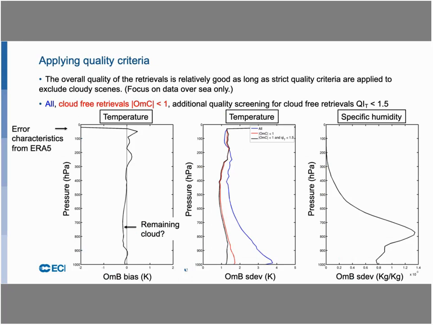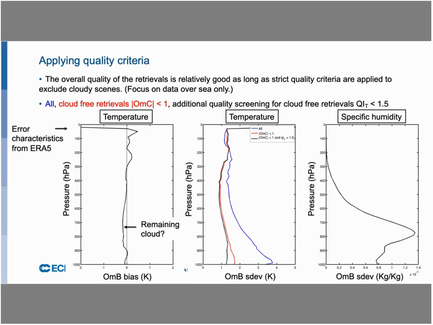And this slide is illustrating how applying the quality criteria affects the statistics. So the middle plot is showing the O minus B standard deviation, so the random errors for temperature, and the blue line is indicating all the data, so without any quality screening.